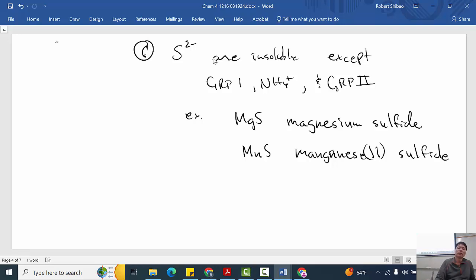Is manganese soluble or insoluble? Let's start with manganese first. Manganese is insoluble. How about magnesium? Insoluble or soluble? Soluble.